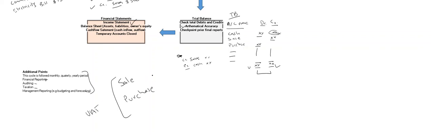So basically my main aim is to help you understand that these steps are all carried out after you have done your reporting part. And for example, management reporting, one example of which is budgeting and forecasting.